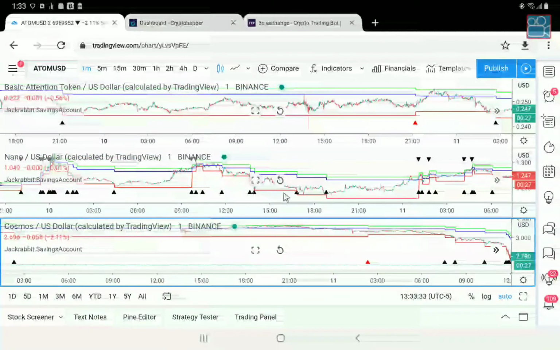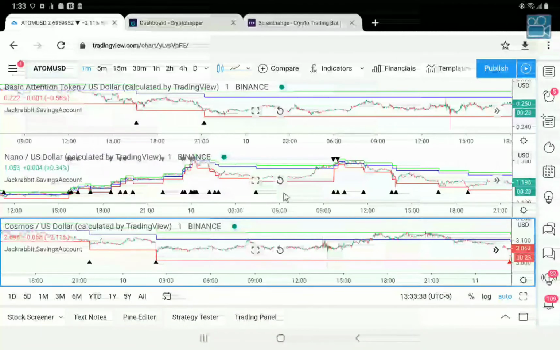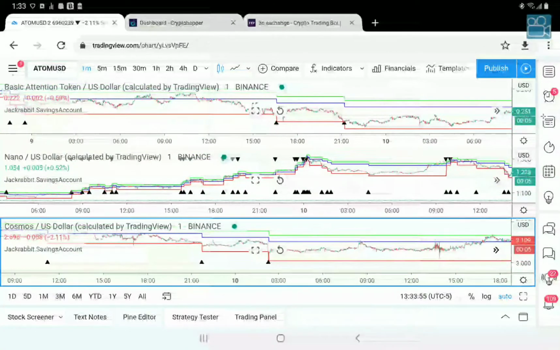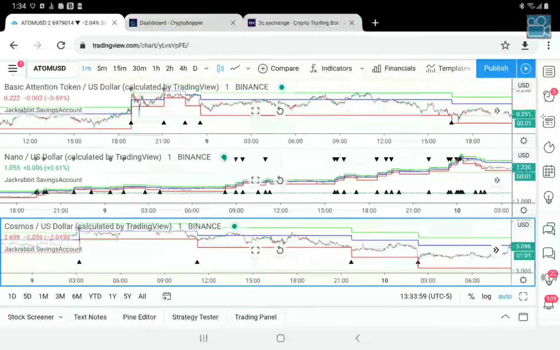For me, Nano actually turned out to be a surprise coin, simply because it's only got a 20 million market cap or net range, I believe. Very small compared to the other two, and yet it does really well. Plus, I like what the coin represents. So this, for me, is a good pick. But it is a higher risk.